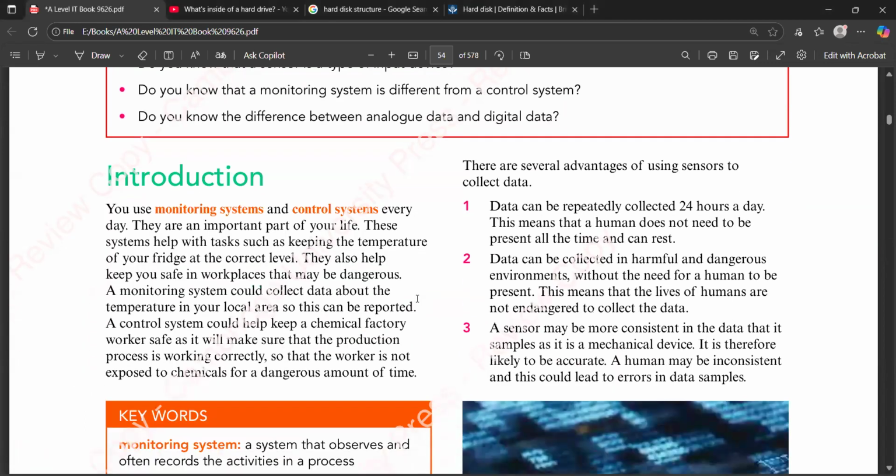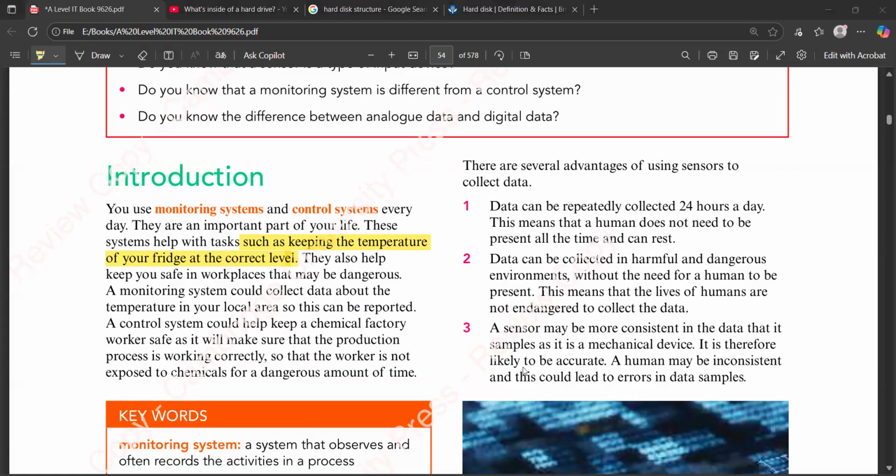You use monitoring systems and control systems every day. They are an important part of your life, and they help with tasks such as keeping the temperature of your fridge at the correct level. In this example, can you identify whether this is monitoring or controlling?